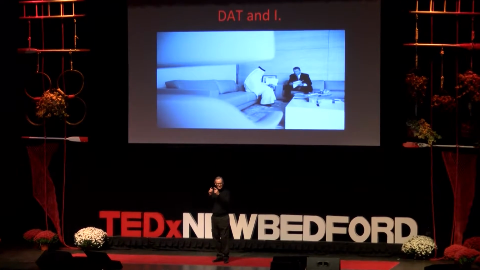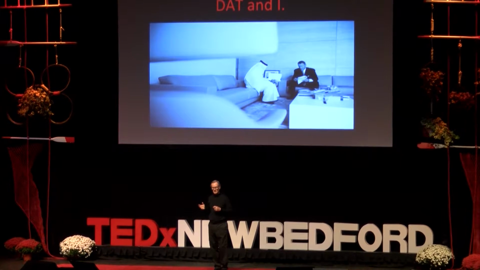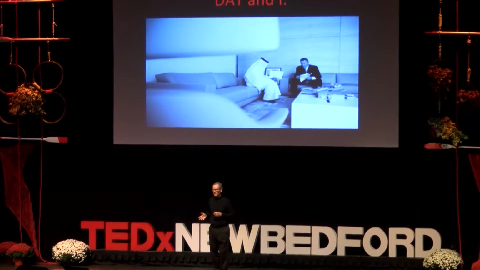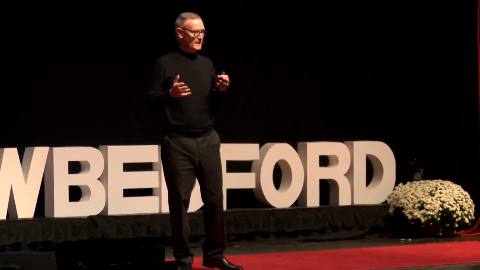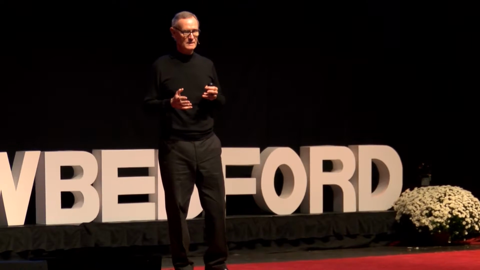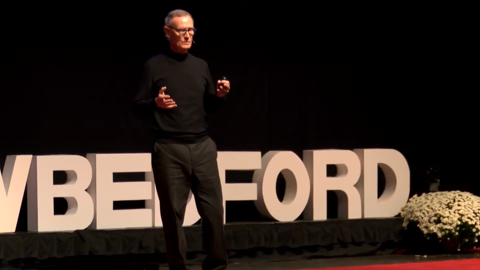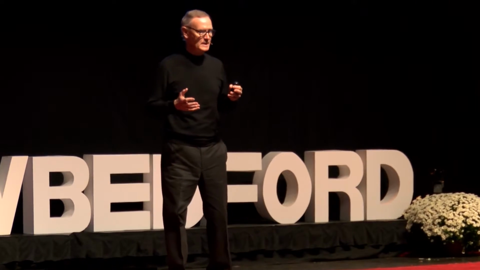This wonderful tiny little peninsula off the side of Saudi Arabia in the Gulf, which is trying to right now reinvent itself. It has all of the resources a small country with about 300,000 citizens could ever hope to have, but they have no infrastructure. They have no cultural resources. They have very small educational capabilities.